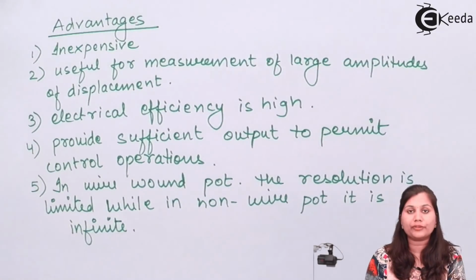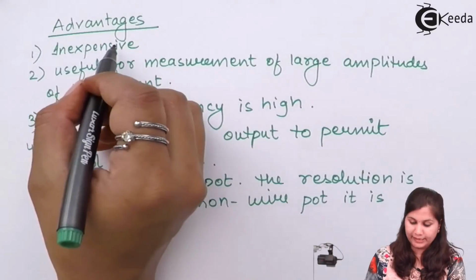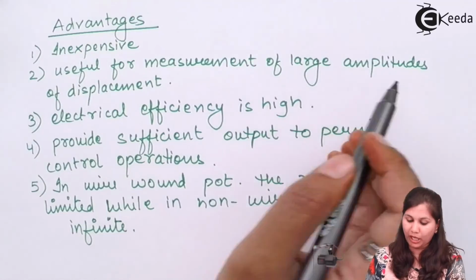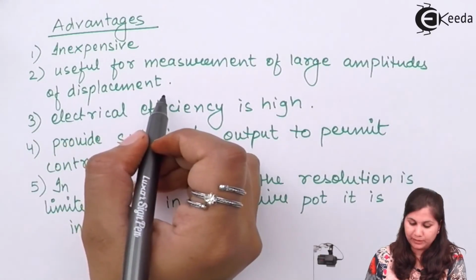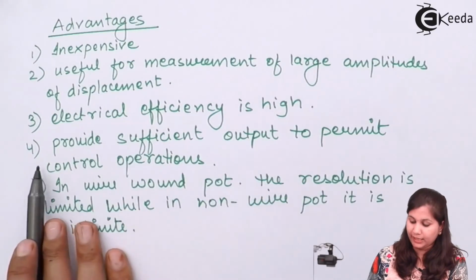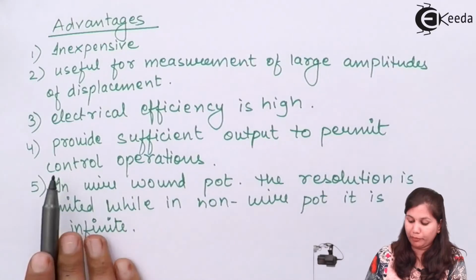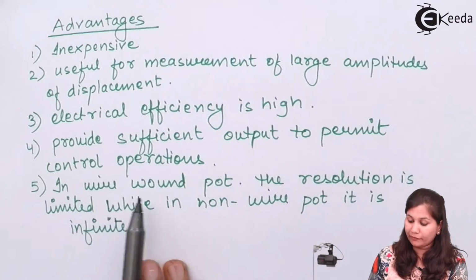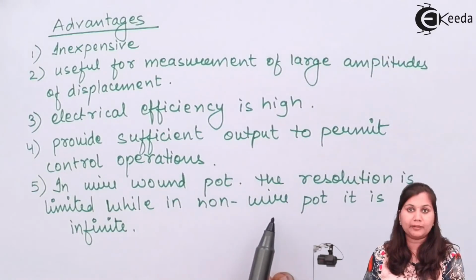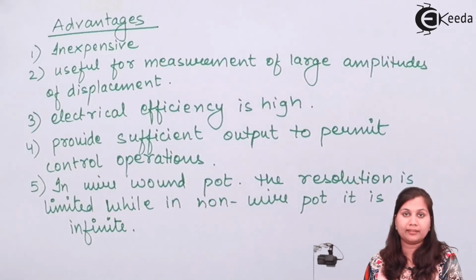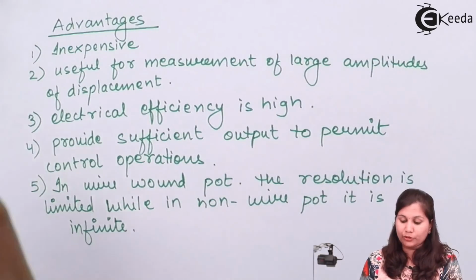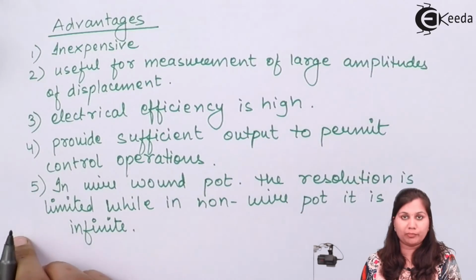The advantages of resistive potentiometers are that they are inexpensive, very simple to operate, and useful for the measurement of large amplitudes of displacements. They have very high electrical efficiency. They also provide sufficient output to permit control operations. In wire wound potentiometers, we have seen that the resolution is limited, while in the non-wire potentiometers, which use cermet and metal wire configurations, the resolution is infinite. So these are the advantages of the resistive potentiometers.